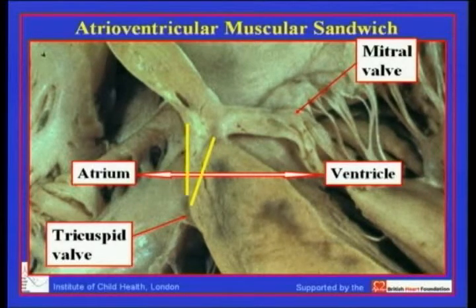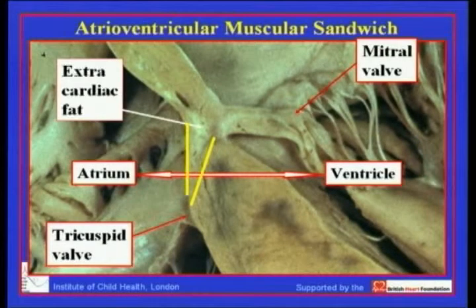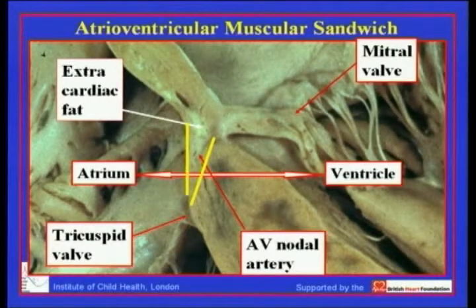But what you will also note, if you look very carefully at this area, is that interposed between the two components of musculature, the atrial musculature and the ventricular musculature, you have an upward extension of the inferior atrioventricular groove, and contained within that fatty tissue is the artery to the atrioventricular node.